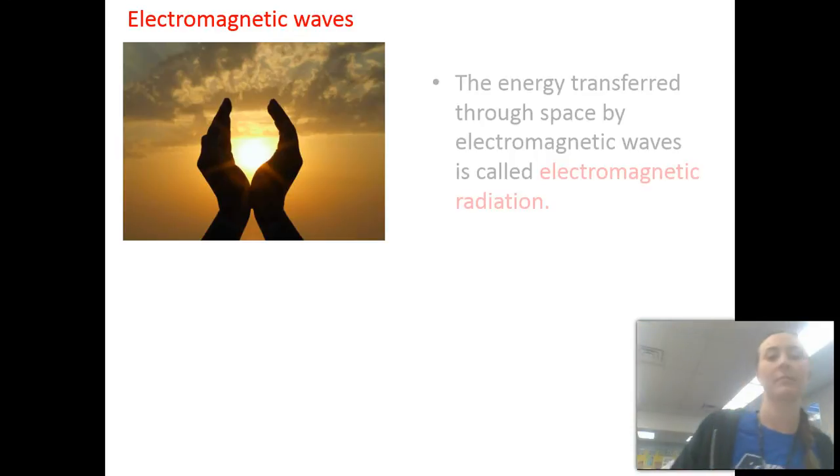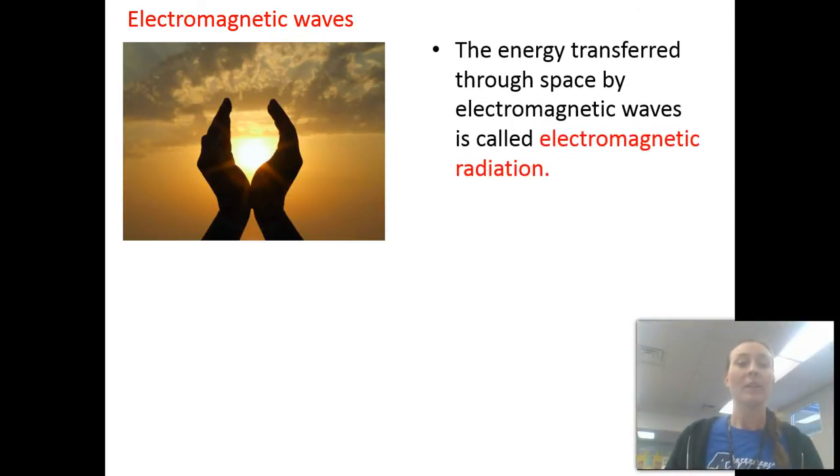So, electromagnetic waves. The energy transferred through space by electromagnetic waves is called electromagnetic radiation. If you remember, Mr. Knox was talking earlier and told you that mechanical waves need a medium to travel through. Electromagnetic waves do not need a medium. A medium would be something like water or air.